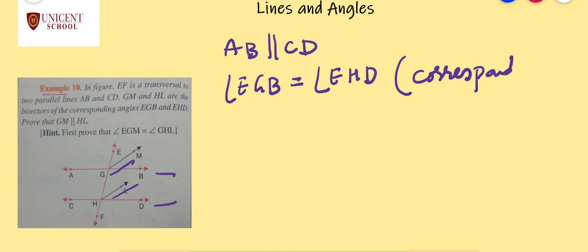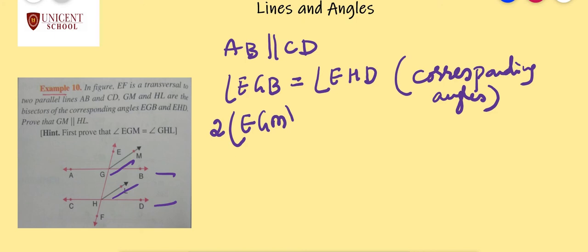We know that corresponding angles are equal. And 2 times angle EGM is equal to 2 times angle GHL.